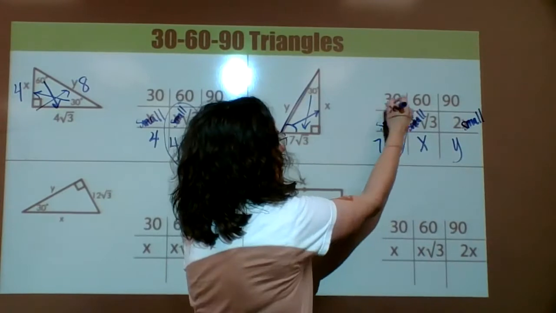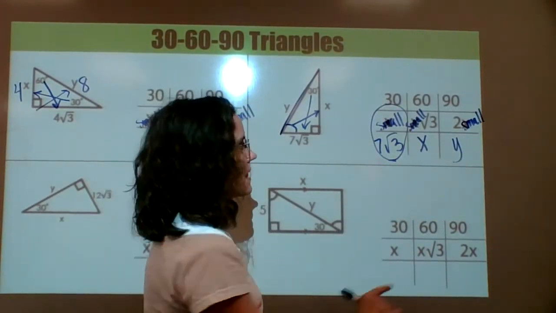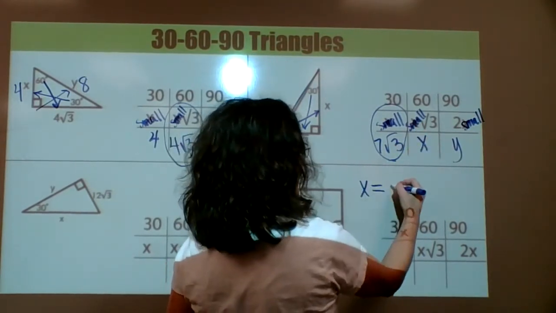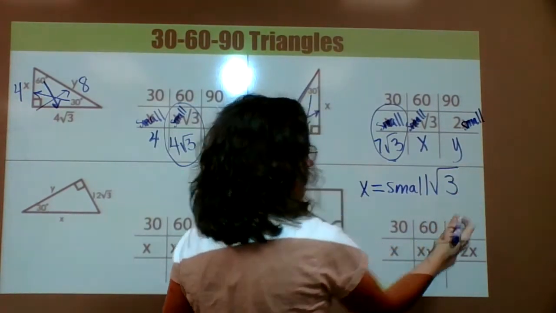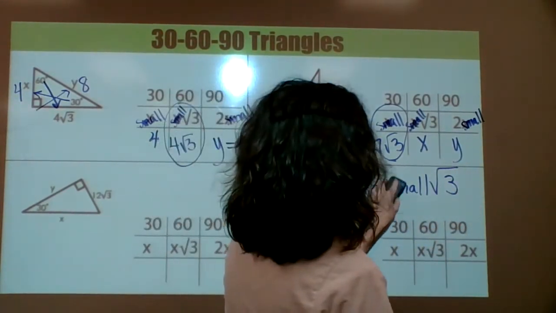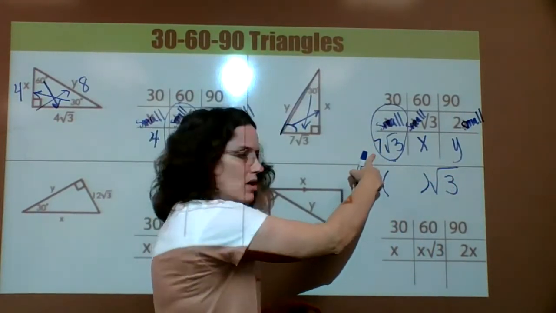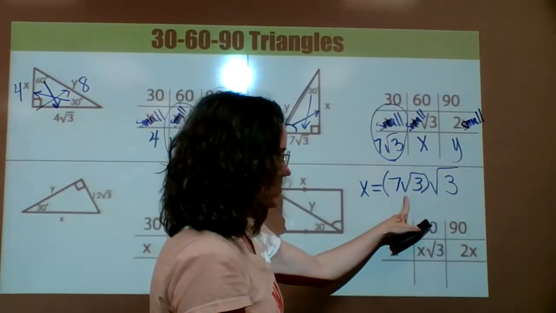So I come here where I have a number, and I know my small side is 7 root 3. To find my medium guy, x is going to equal my small guy times the square root of 3. Well, let's replace the small guy with how big he is. Well, the small guy is already something with a radical, 7 root 3.